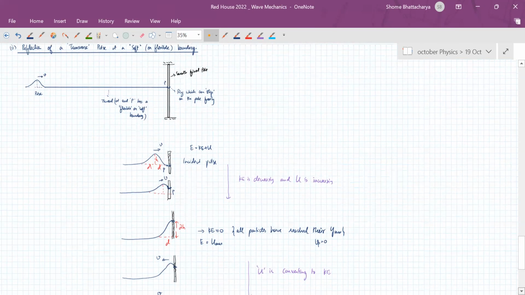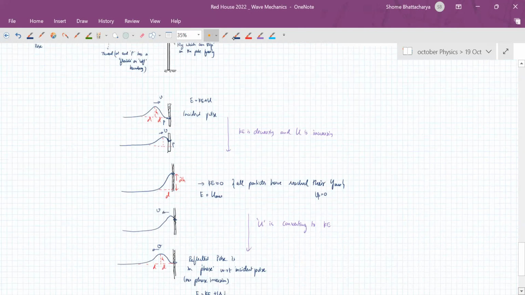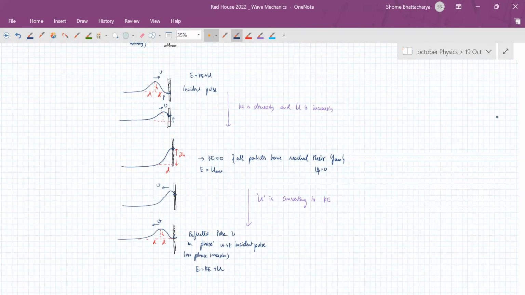So you can try and visualize this yourself, that if you have a situation where you have two pulses like this, what happens as they overlap?